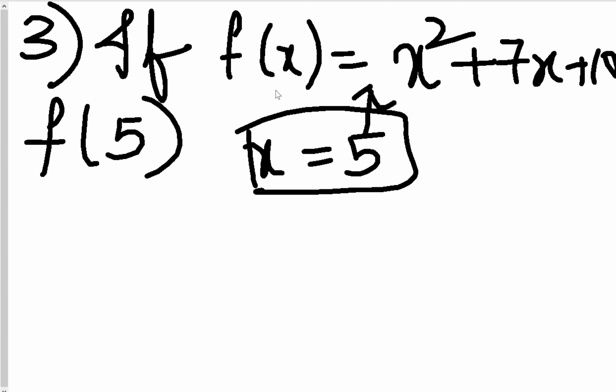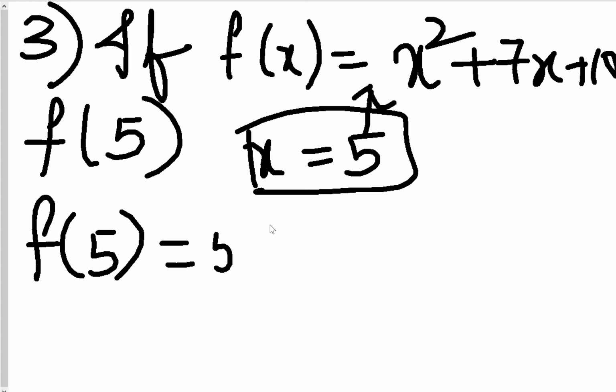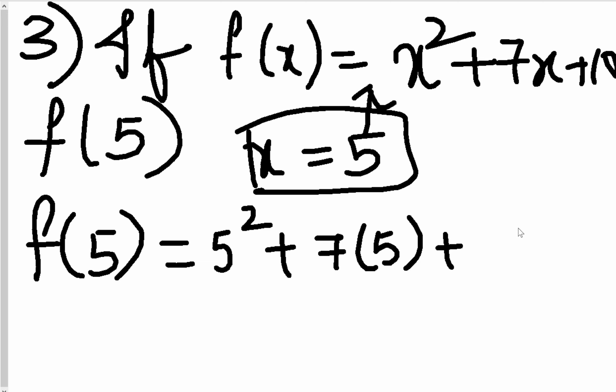So that equation became f of 5 equal to 5 squared plus 7 into 5 plus 10. Here they have directly mentioned find f of 5. So here again, wherever we find the variable x, we will just plug in the value of 5. In that case, the equation becomes f of 5 equal to 5 squared plus 7 into 5 plus 10.